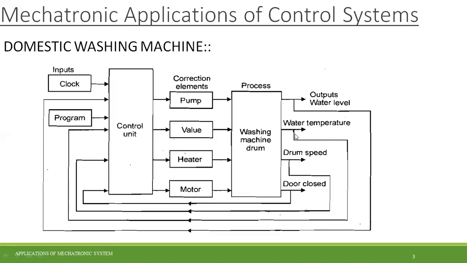All these systems give feedback to the controller. So the microcontroller is the major part of the washing machine operation, giving signals to each and every component and processing the operations as per the operator's requirement.